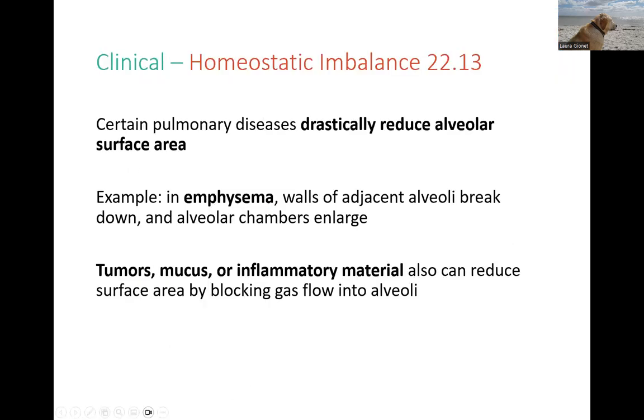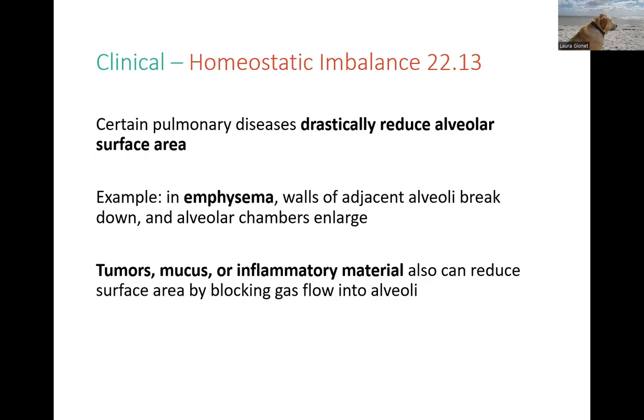Okay, homeostatic imbalances. Certain pulmonary diseases drastically reduce alveolar surface area. That's another function or a consequence of emphysema. Instead of having all those independent little grapes on a stalk, they have a tendency to merge with one another.